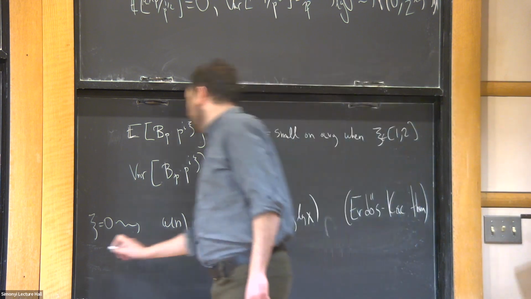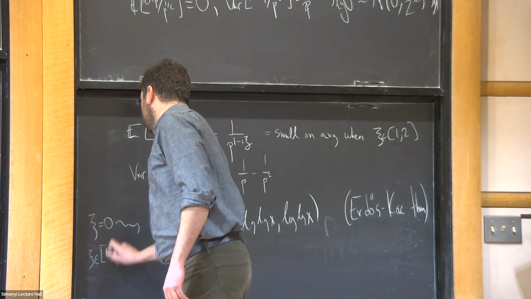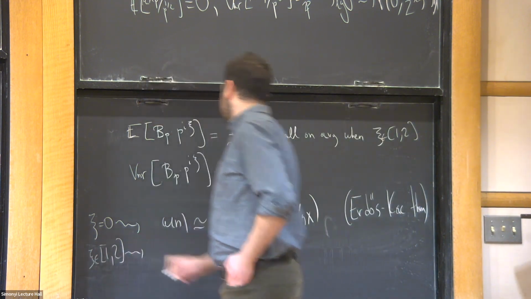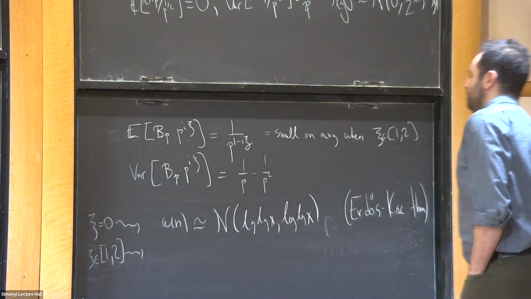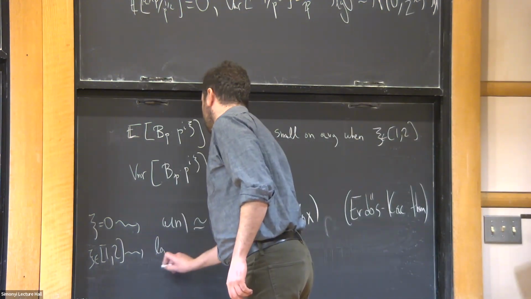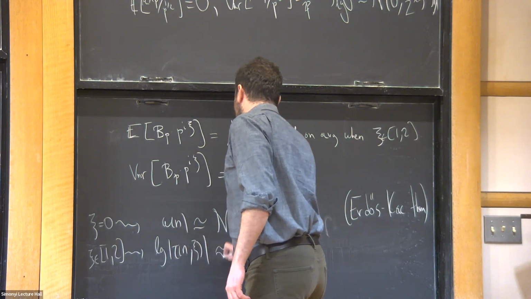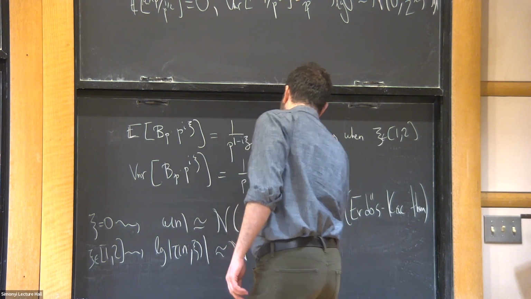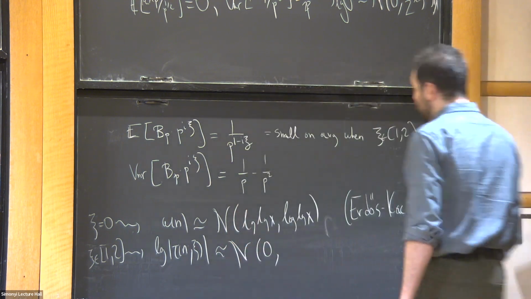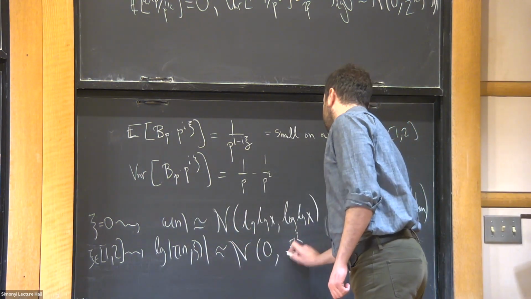And when xc is between 1 and 2, the behavior changes. And then you have this log tau and xc to be roughly a normal of mean 0. And the variance becomes p²/12 times log x.